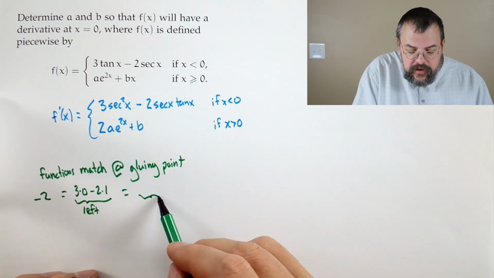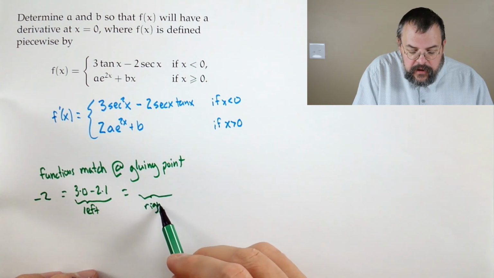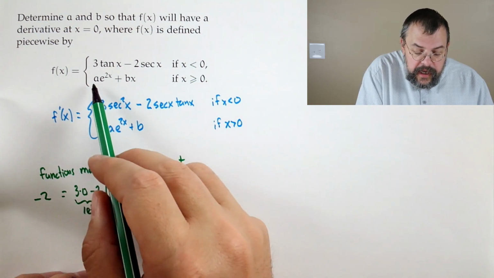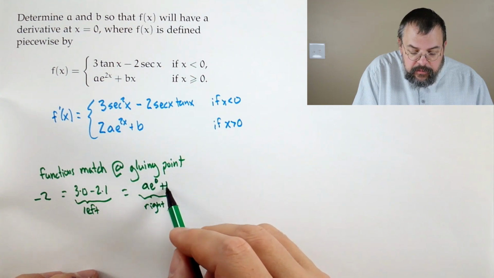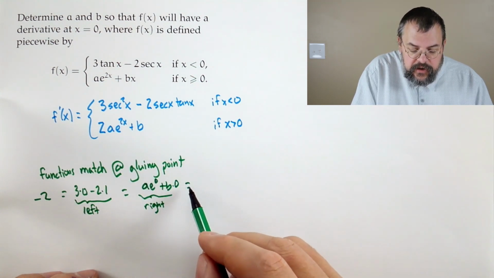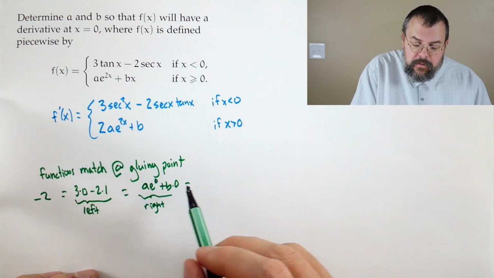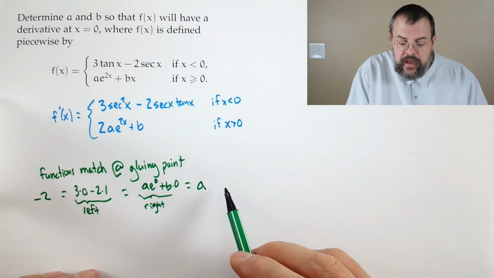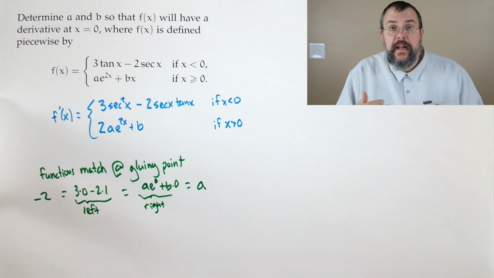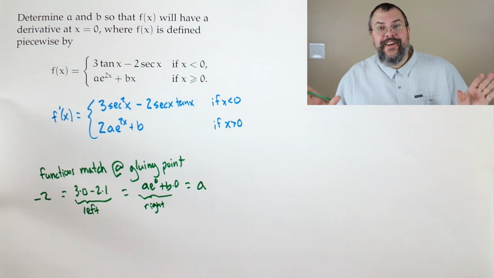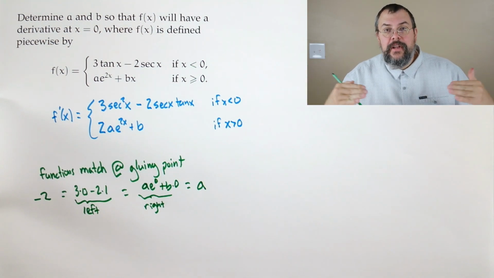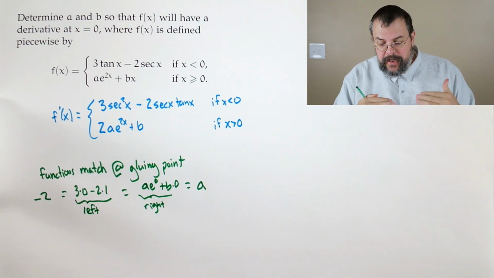On the right, what do we get? Well, we're going to get a e to the 0 plus b times 0. b times 0 is 0, e to the 0 is 1, so a. And therefore, a has to equal negative 2. Now, hidden in the details is the fact that we really have to say there's a limit going on.